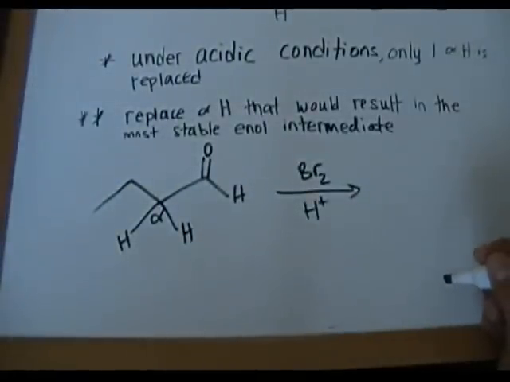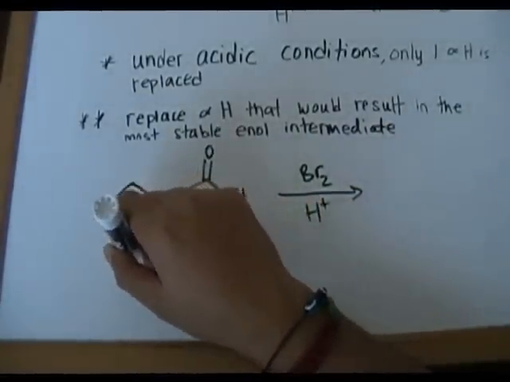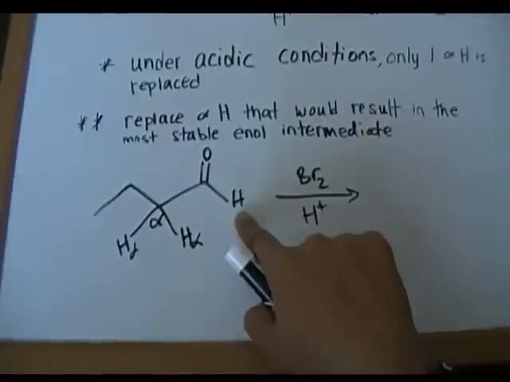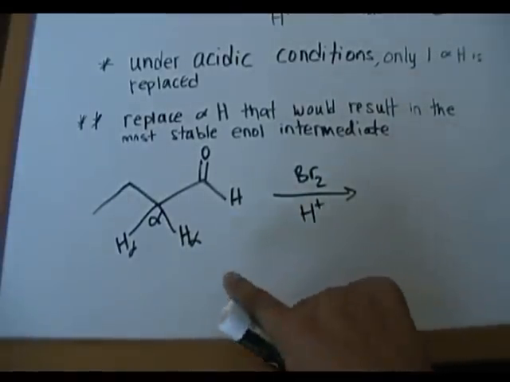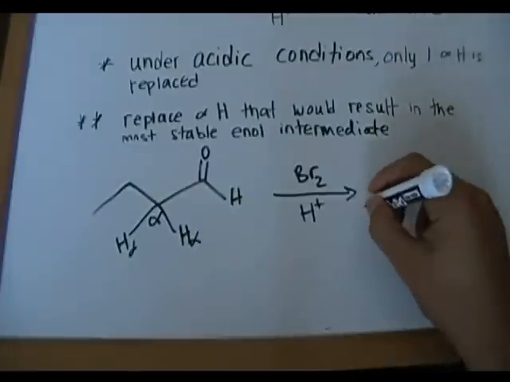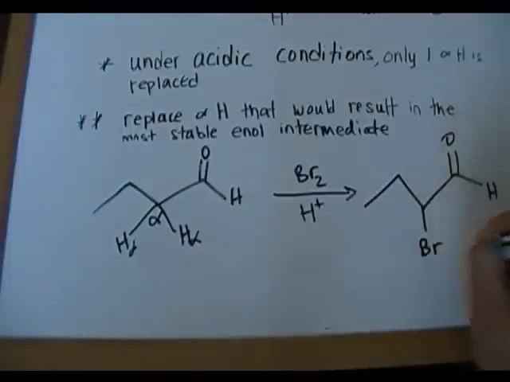In the case of an aldehyde, we only have one alpha carbon, and in this case, we have 2 alpha H's. That is not an alpha H. Okay. So we're going to replace one of these alpha H's, it doesn't matter which one, with the bromine. And we're done. And that's what alpha halogenation is.